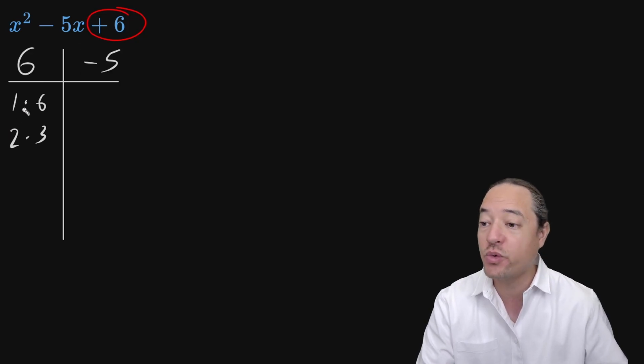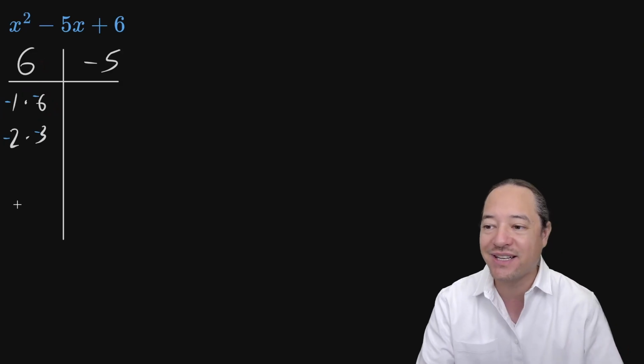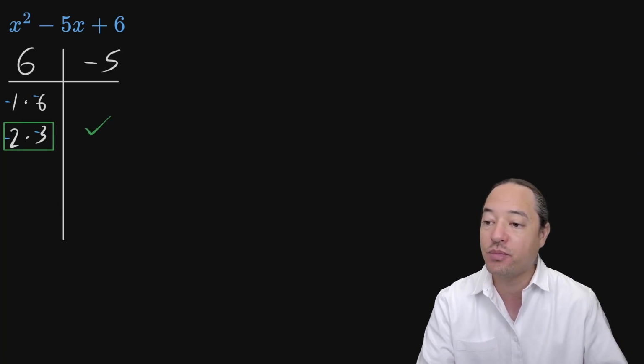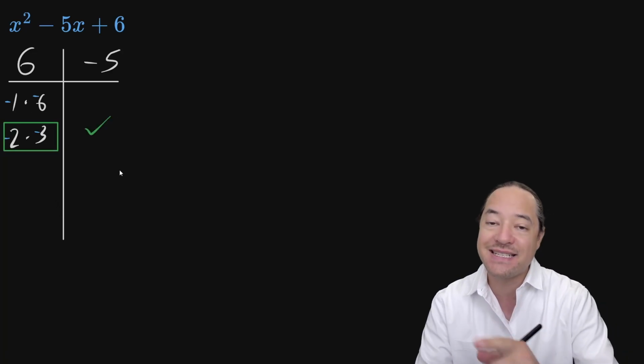So we could actually multiply negative 1 times negative 6, and that would give us positive 6. Likewise, negative 2 and negative 3 multiplied together give us positive 6. And so now we can see that this combination here is the one that we're looking for, right? Because negative 2 plus negative 3 will give us negative 5.